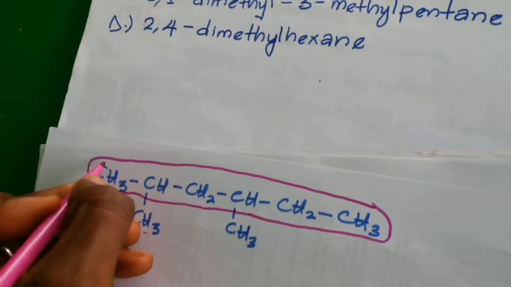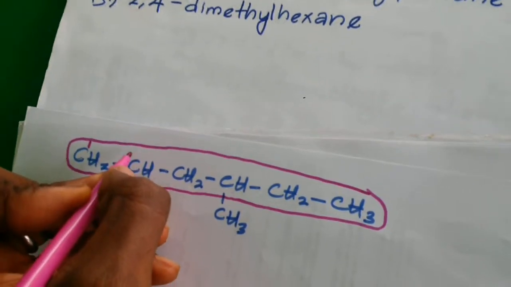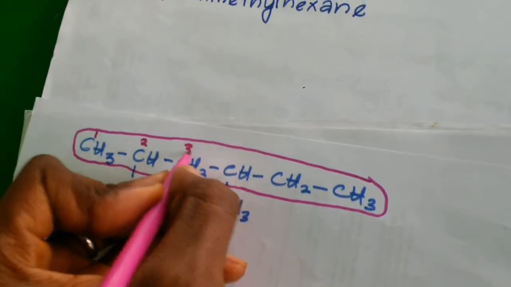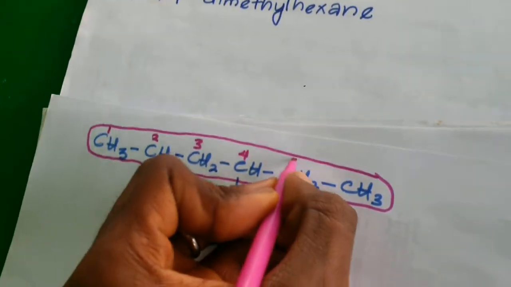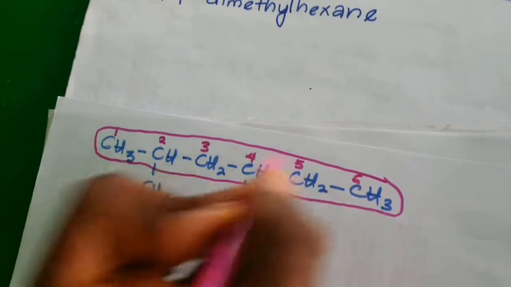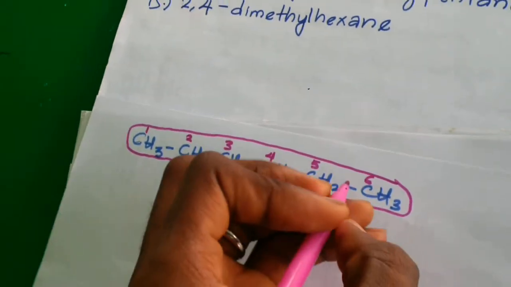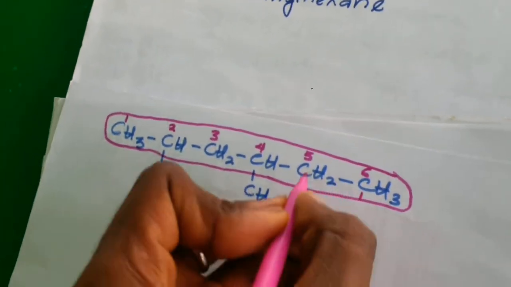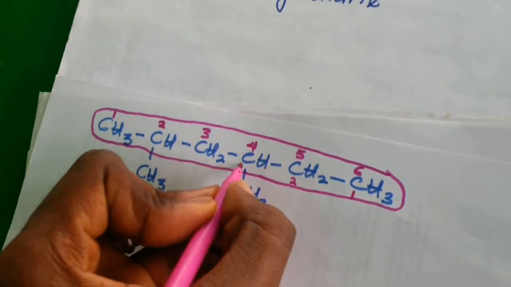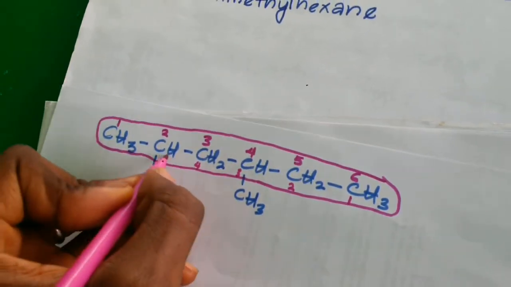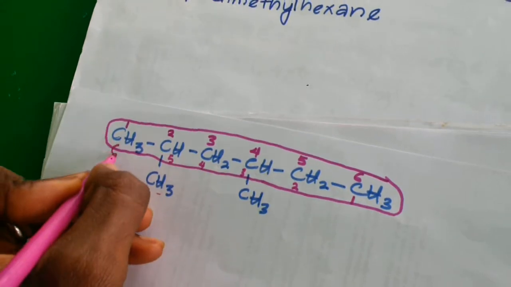So if we start counting from here, 1, 2, 3, 4, 5, 6. We can also decide to start counting from here. Let's see, 1, 2, 3, 4, 5, 6.